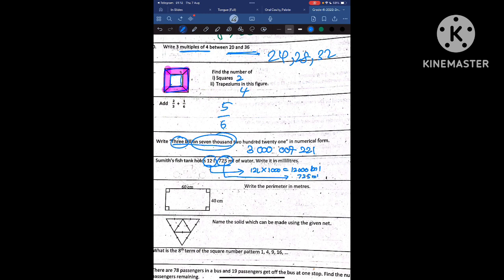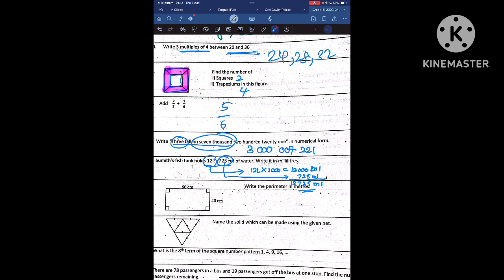If I add it, it is 12,725 milliliters. Always convert the numbers one by one and then get the answer, because if they say 75 milliliters and here it is 12 liters, the answer might be wrong.